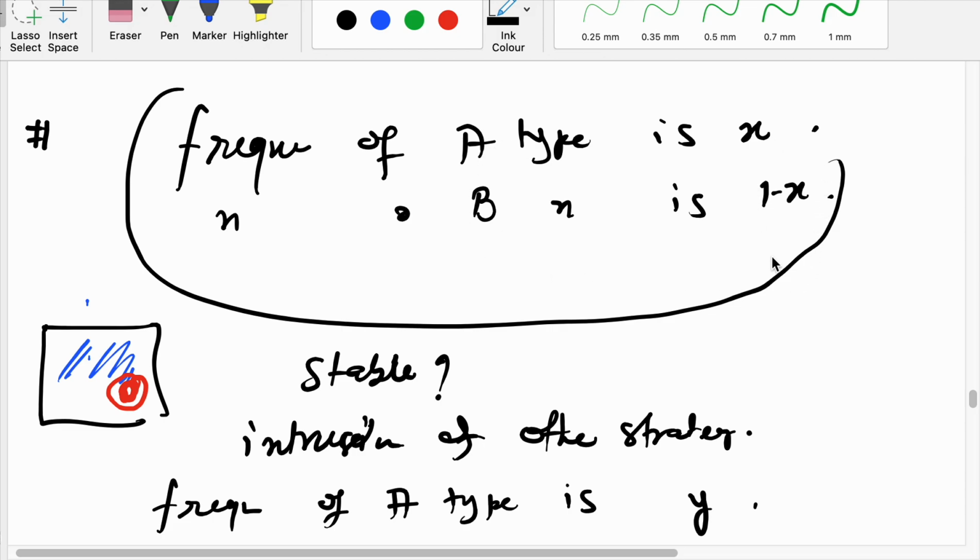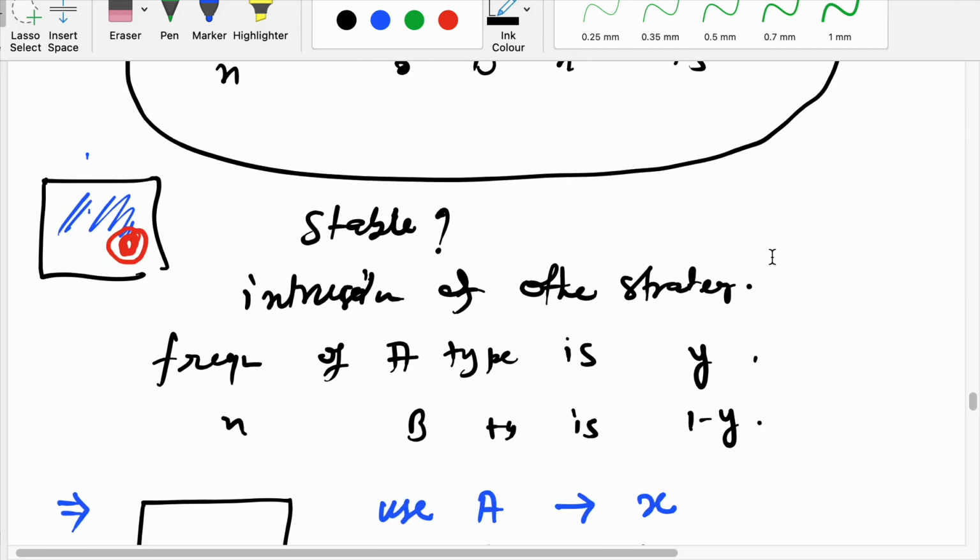Then in the sense of evolution we ask: if some mutant comes into the population, who is not playing A with probability x but with probability y, and B with probability 1 minus y.